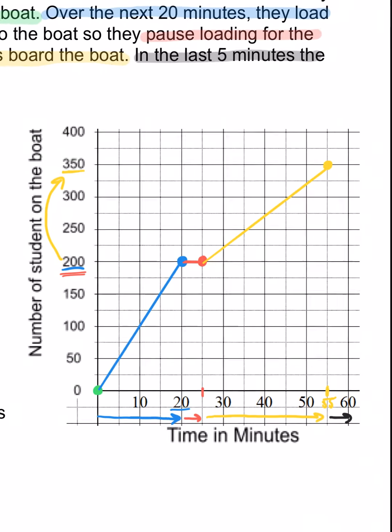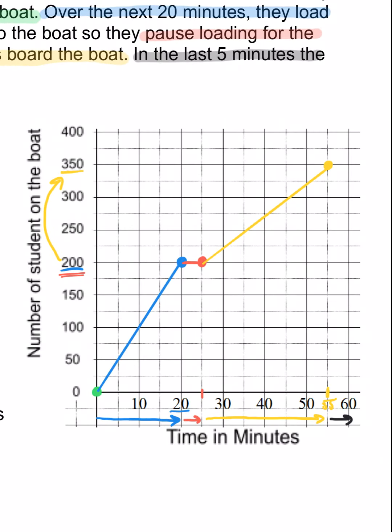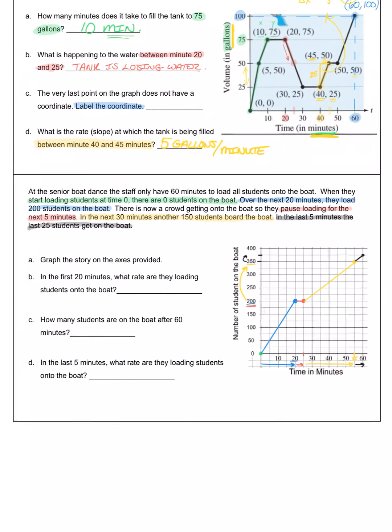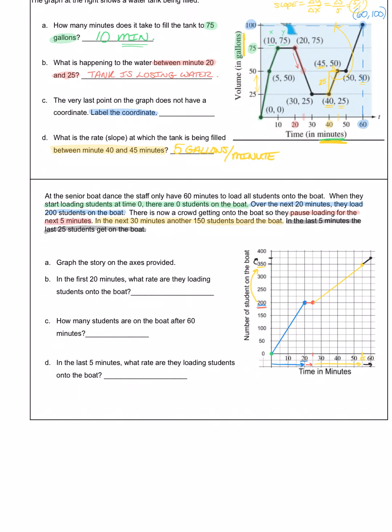So we want to add 25 students from 350. We're just going to jump from here to here. We're going to go up 25. Okay, and the last piece looks like this. All right. So when we do this in your final, you want to be very accurate in your graphing.